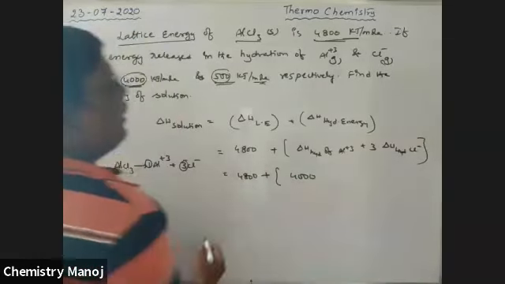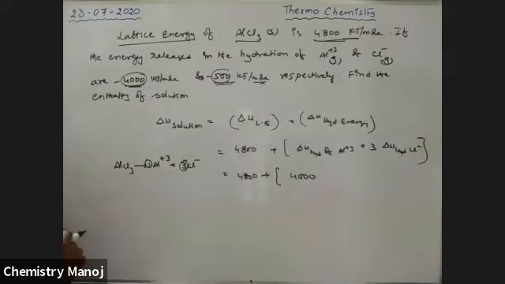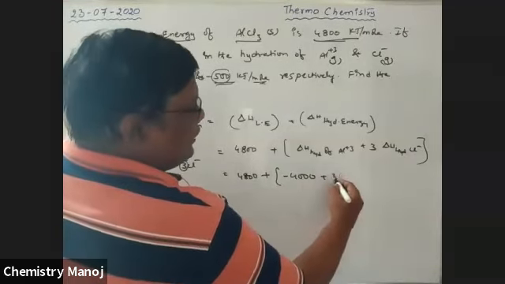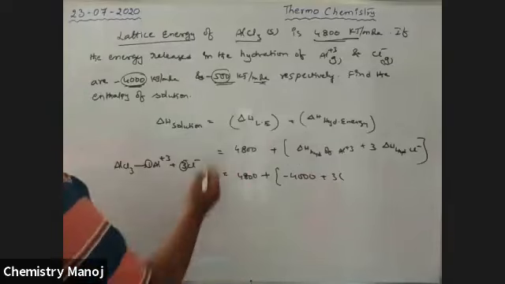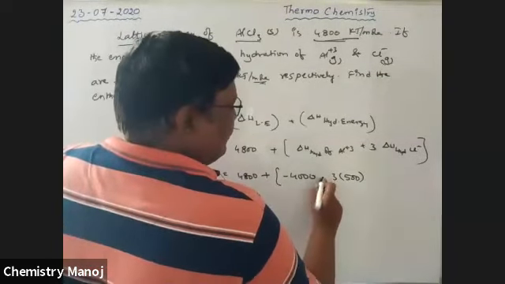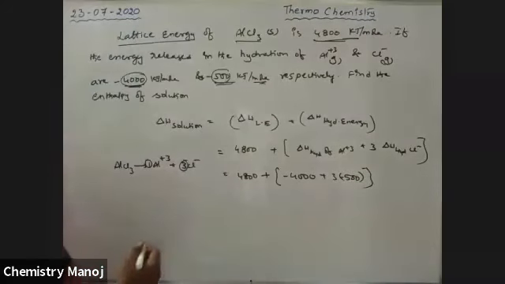4000 hydration divided by negative. This is also negative. Hydration energy is dividing. That is minus 4000 plus 3 into delta HCl, that is 500, which is also plus. This is a minus value. This is hydration energy of AlCl.